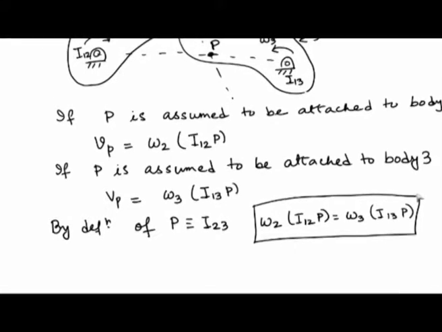If you consider any other point Q which lies over here, then the velocity of Q, if it is assumed to be a part of body 2, is not the same as the velocity of Q if it is assumed to be a part of body 3. It is only this point P for which this relation holds, not for any other point.